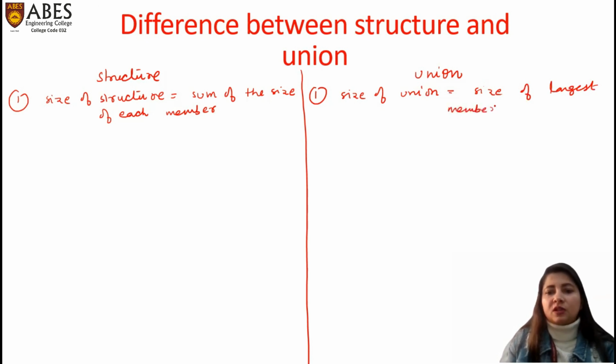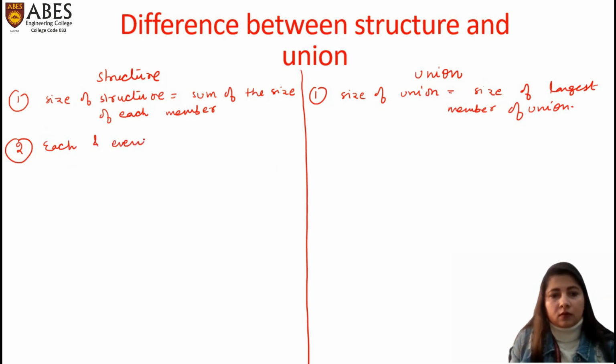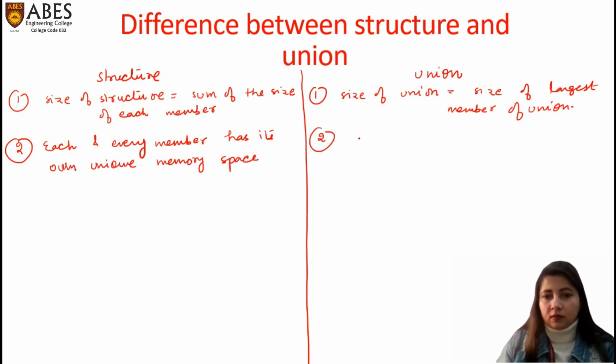This is the major difference between structure and union. Because of this difference in size, in structure each and every member has its own unique memory space, whereas in case of union, all the members share a common memory space.